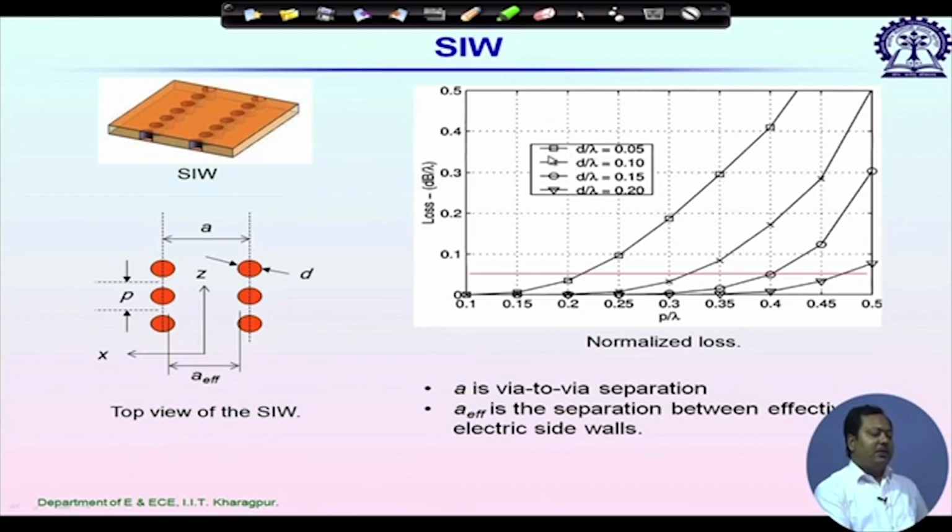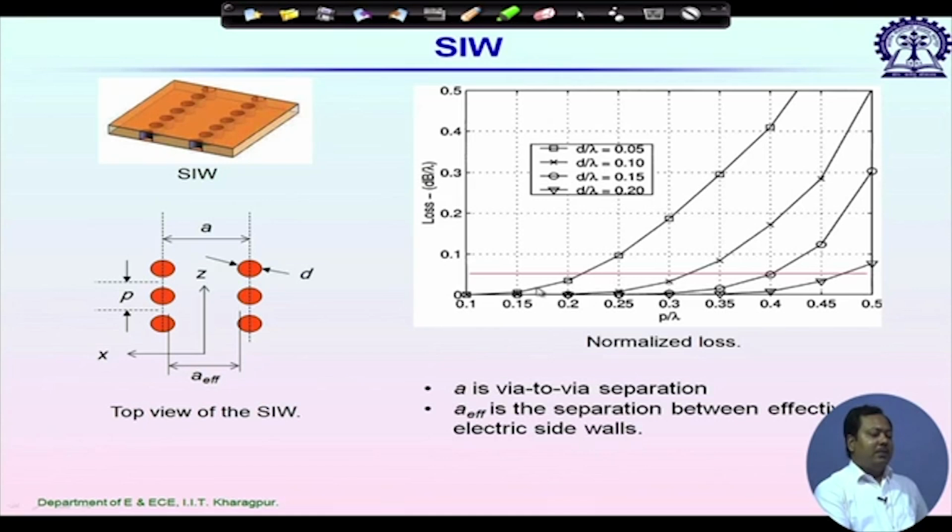For the first case, d by lambda equal to 0.05, and for the last one, d by lambda equal to 0.20. So for a given periodicity, d is higher. That means we are decreasing the gap, or we are expecting lower leakage loss through this gap.